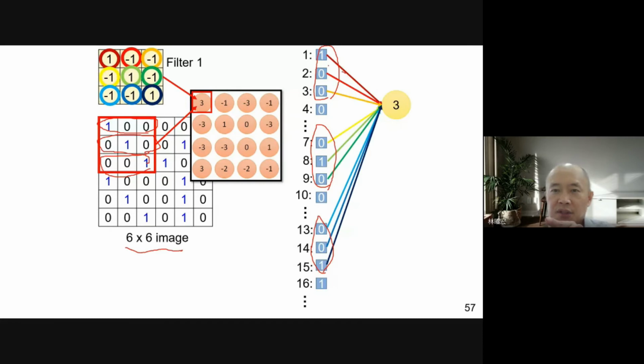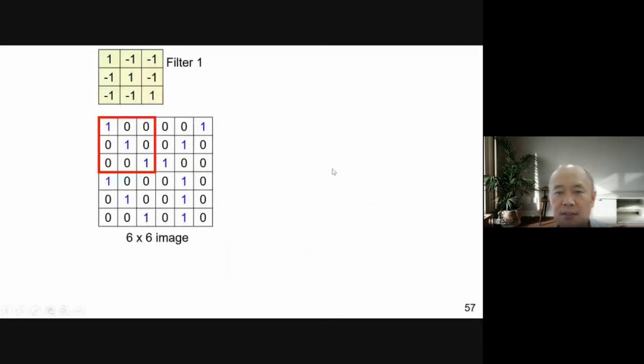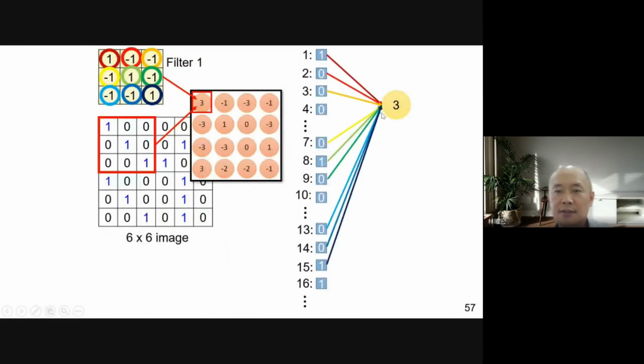This connection maps to here with weight 1. The connection mapping to here has weight -1. I cleaned up the drawing here. So there are 9 connections, and after the convolution the output is 3.